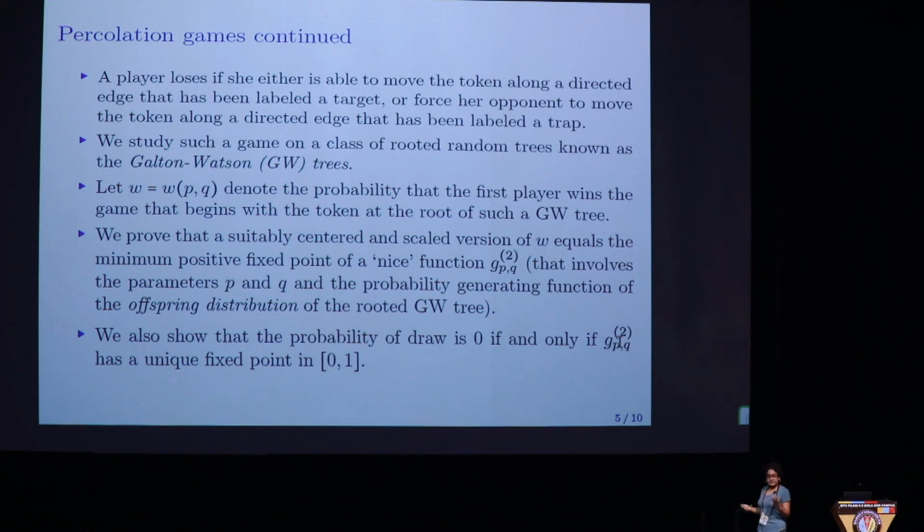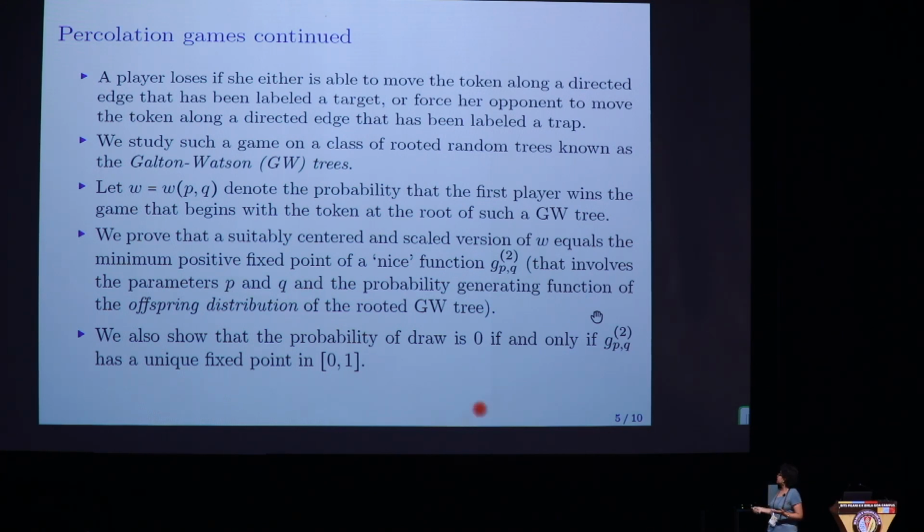And as I said, the whole point is to try to find probabilities of various possible outcomes of the game. And what we end up finding is that, if I let W denote, so W of P comma Q, because it has a dependence on these parameters P and Q with which you mark the edges trap or target, if I let W be the probability of the first player winning, then a certain nice centered and scaled version of W equals the minimum positive fixed point of a certain function.